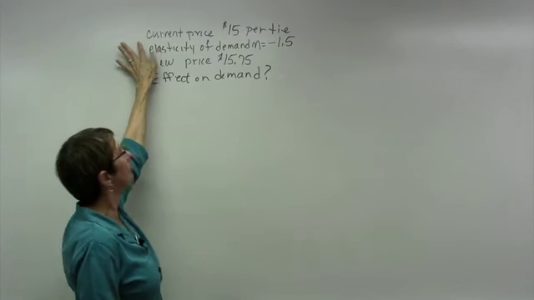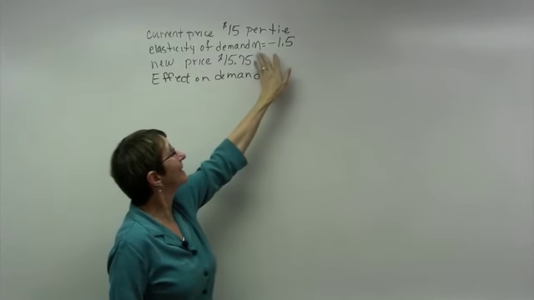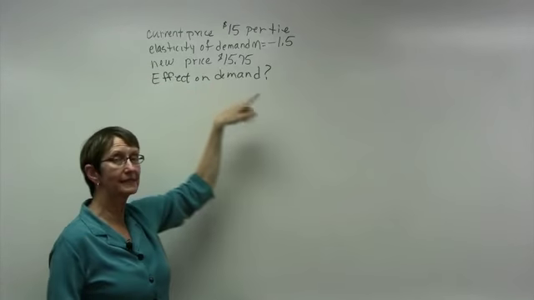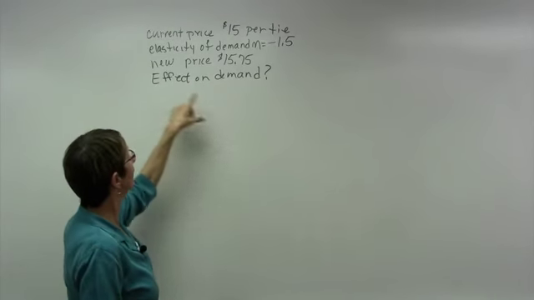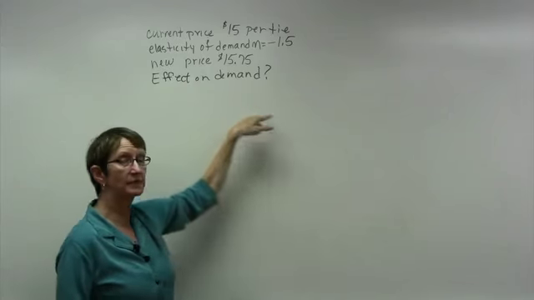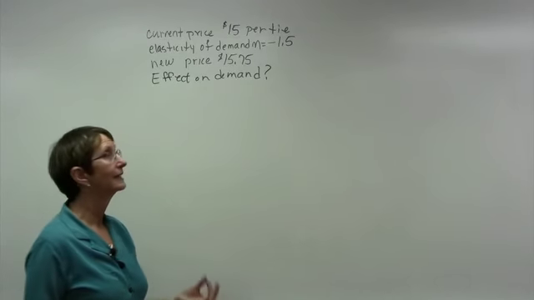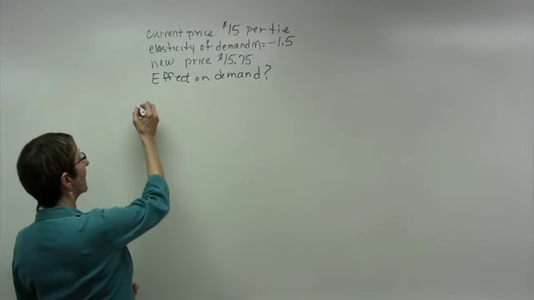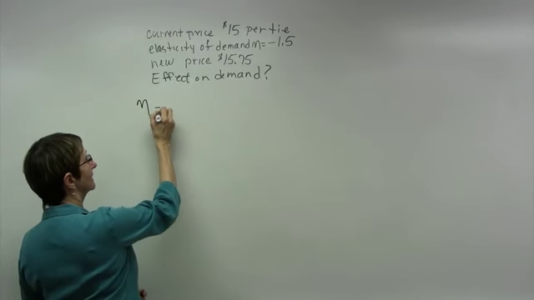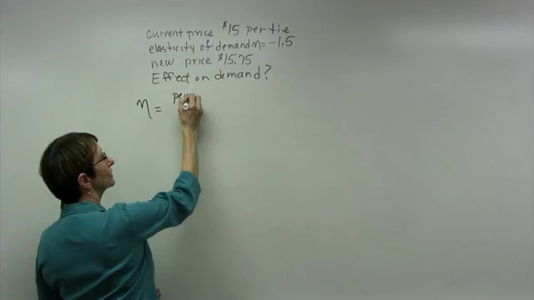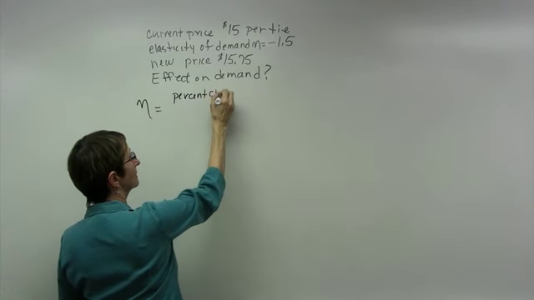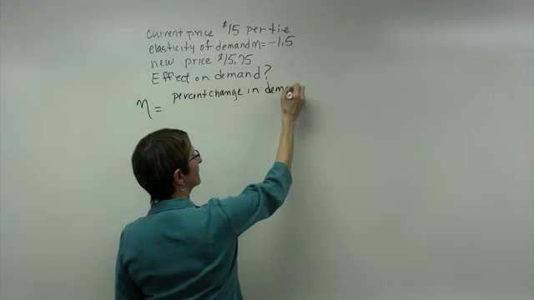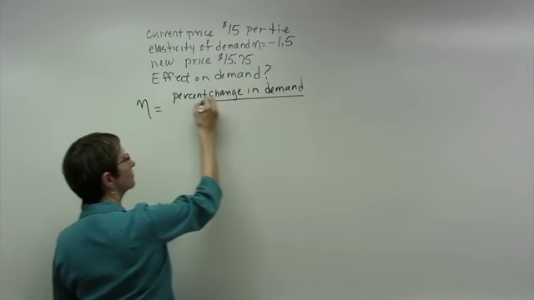The old price is $15. The elasticity of demand, eta, is -1.5. The new price is $15.75, and we want to know what the effect on demand is for raising the price. So for demand, we know that eta is percent change in demand divided by percent change in price.